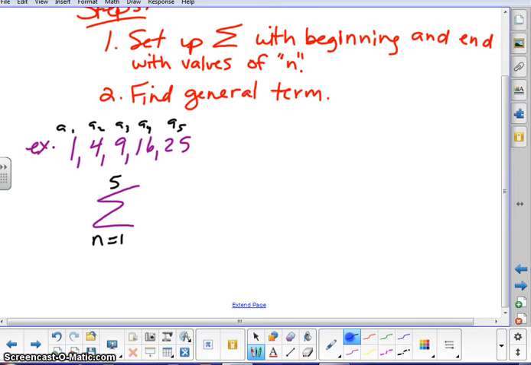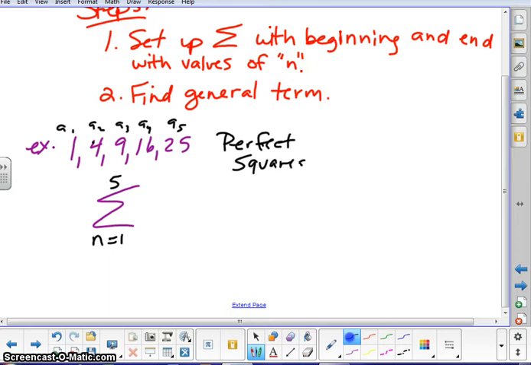Step 2 is to find the general term. Now, it's not adding by 3 every single time, and it's not multiplying by 4 every time, so it can't be either geometric or arithmetic, so we can't use one of those formulas. And then we have to think beyond arithmetic and geometric, which means, where have you seen these before? 1, 4, 9, 16, 25, these are all perfect squares.